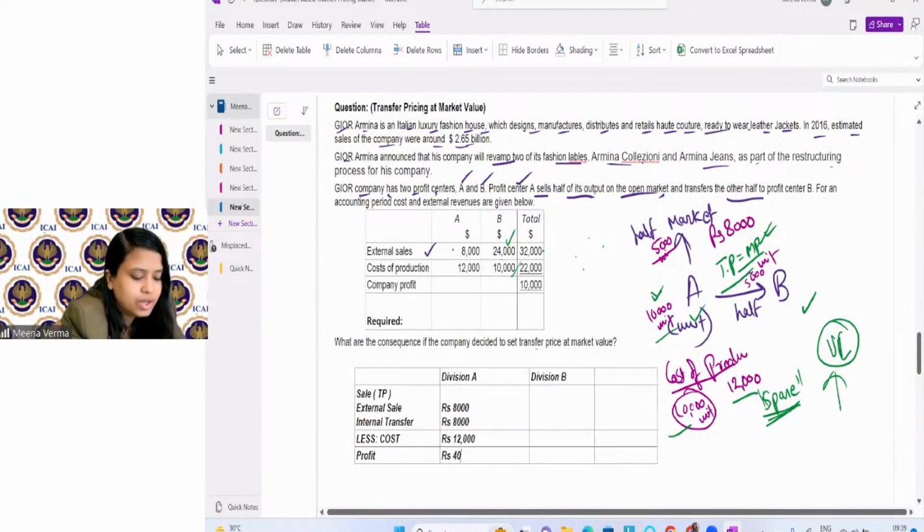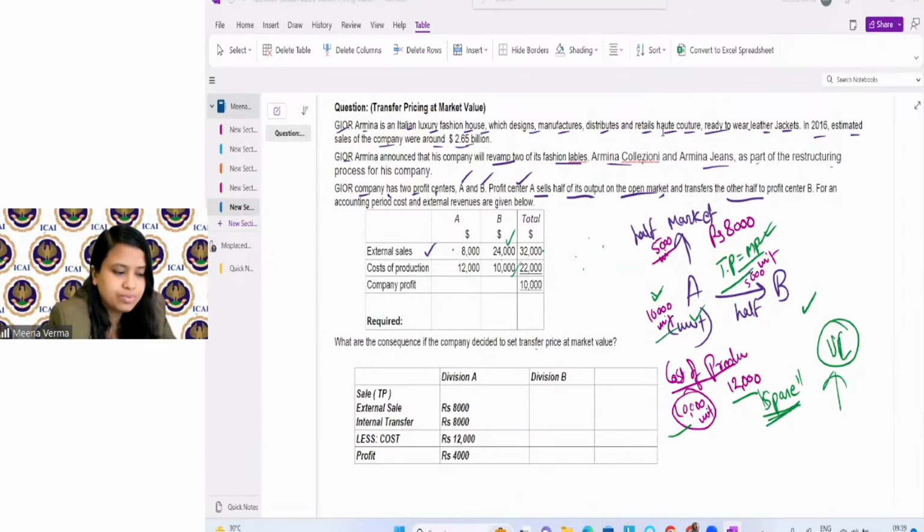You can solve and you can see 4,000 profit is coming here. Say yes or no. Okay. Now let's do the calculation for division B.